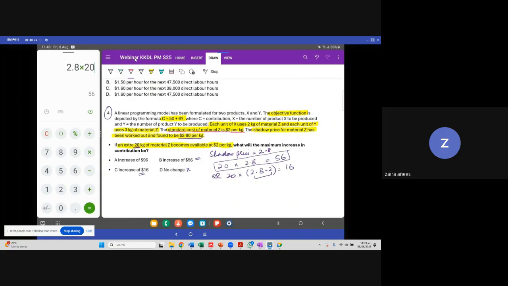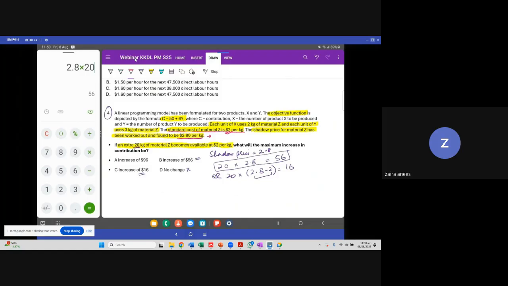Now, if the question is saying that the shadow price is 2.8, this means that if you get extra quantity of raw material, you will have a benefit of 2.8 per kilogram, right? And in the calculation of this 2.8, we have already considered this $2. This $2 is part of the contribution, so we have already considered that.